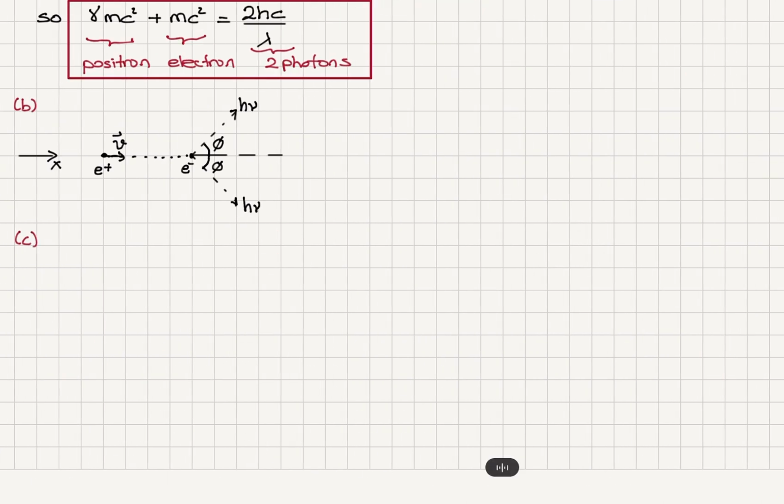So we have electron momentum, let's call this electron momentum P, is equal to 0 because the electron was at rest to start with. So this is at rest. Now we have the positron momentum.